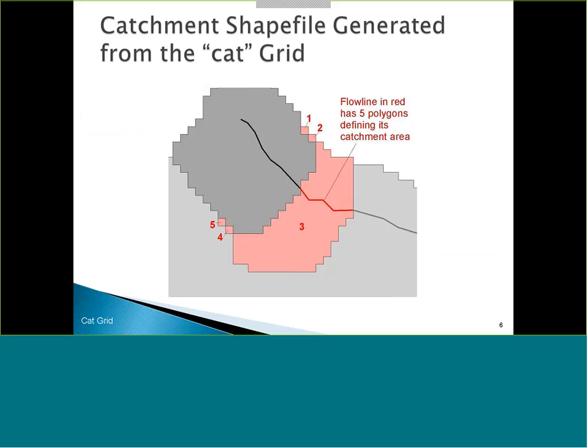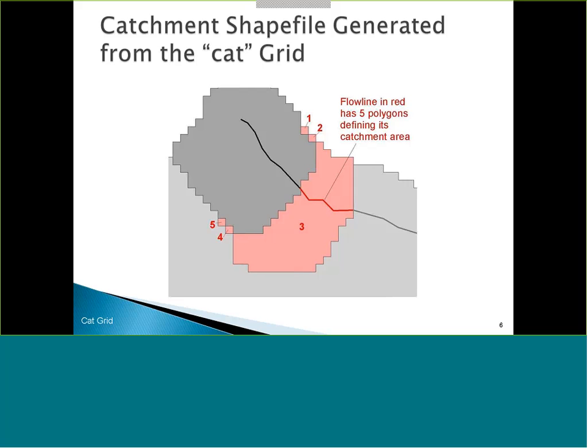The catchment shapefile is a multi-part polygon shapefile. In the example shown, if catchment were not created as a multi-part polygon, the rasterization of the CAT grid would have resulted in 5 separate polygons to represent the catchment for the flow line shown in red.